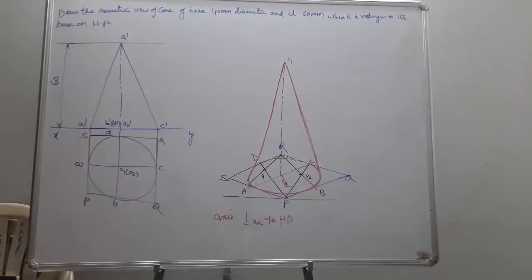Now, all of you just take the problems in your textbook for developments and for these isometric drawings. All of you take the problems. I just dictate the problems. You just tick it or note down the problem.